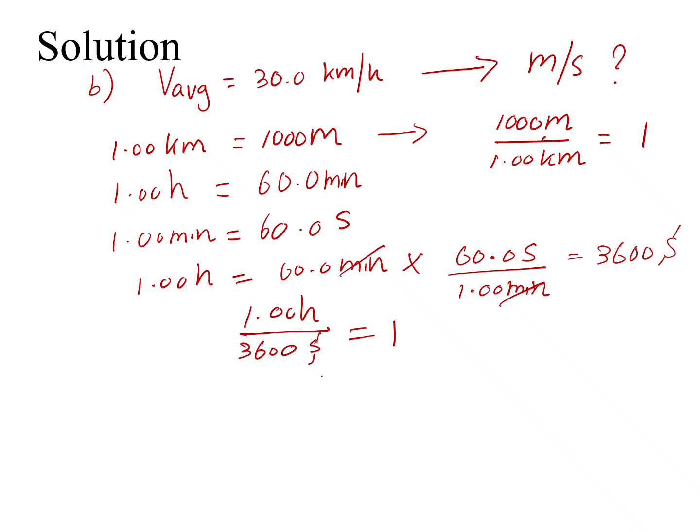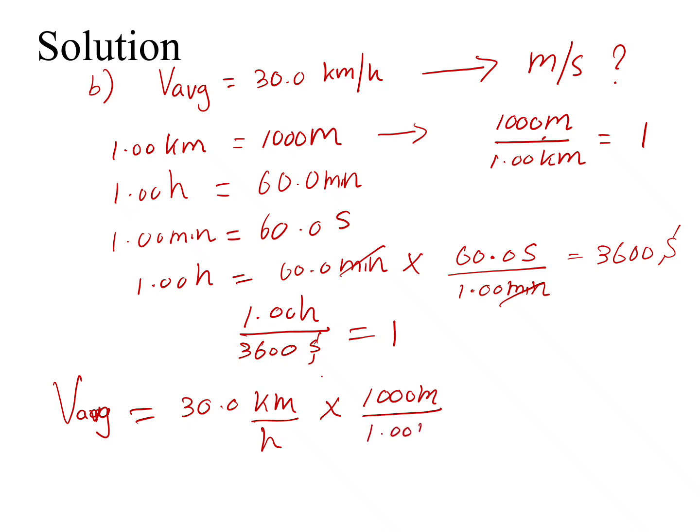Now our conversion becomes V average equals 30 kilometers per hour multiplied with 1000 meters per 1 kilometer multiplied with 1 hour divided by 3600 seconds.